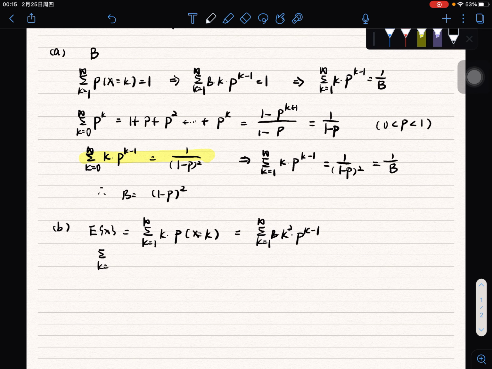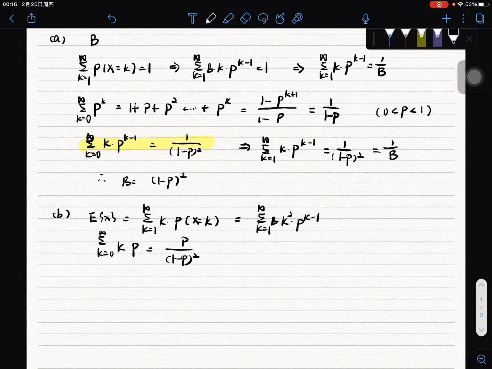We will get the summation here. And then we take differentiation, and we will get the summation here: k squared multiply p to the k minus 1 equals (1 plus p) divided by (1 minus p) to the 3.